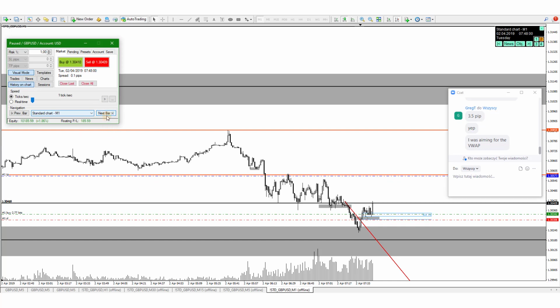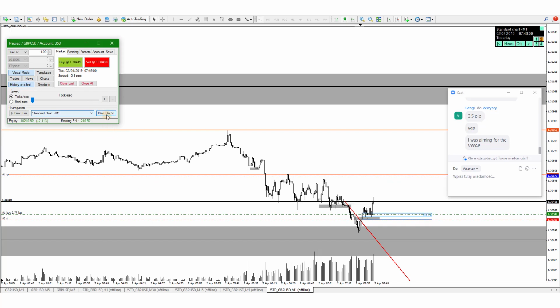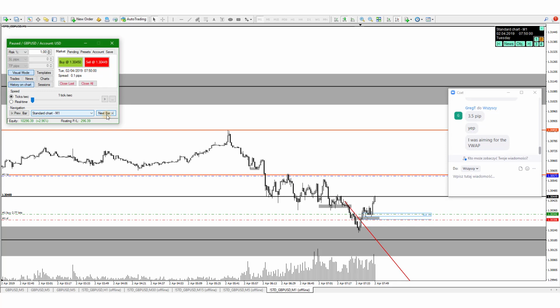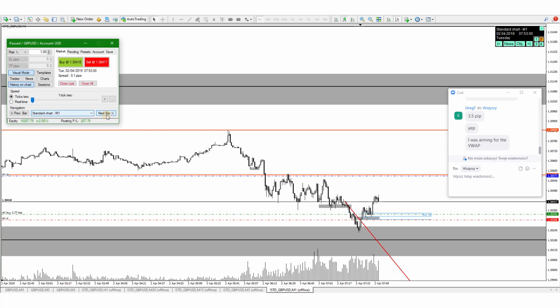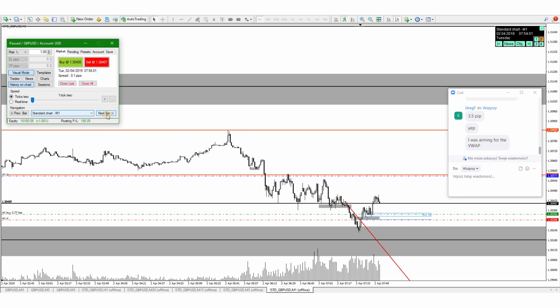Well, maybe we got lucky. And this is happening. This was my trade two trades ago. My first trade on probably Tuesday was also in a ranging market just after my entry.